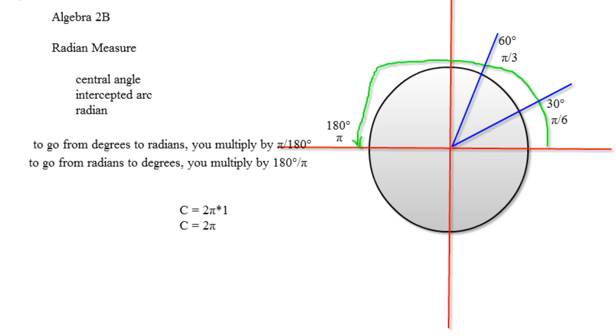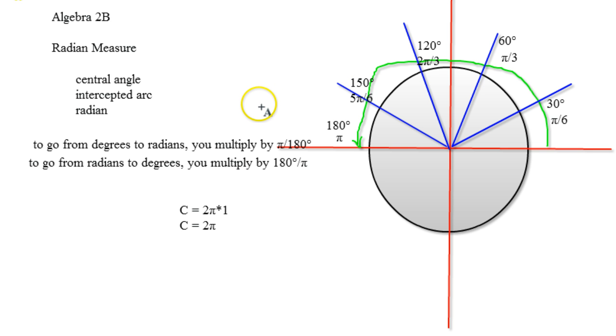You can go around multiple versions of this, and a lot of these correspond with fantastic degree angles. If I multiply this by 2, I get 2 pi thirds, which is the same as multiplying 60 by 2. And if I multiply this by 5, I get 5 pi over 6, which is 150 degrees as well.